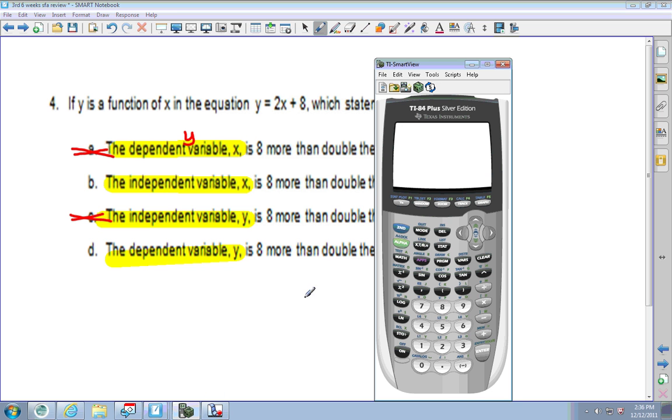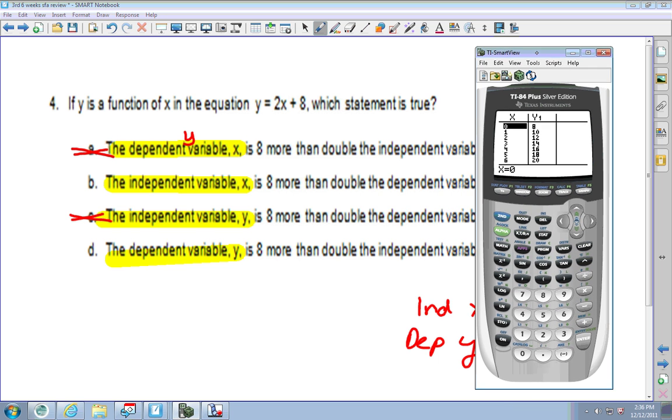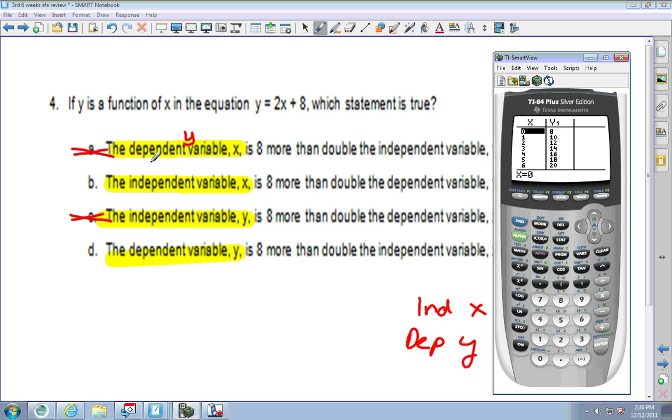To find the rest of this, we're going to go into y equals and put in 2x plus 8. I'm going to press second graph and look at this table. Actually, let me go back to 0 here. The first one says the independent variable x is 8 more than double the dependent.